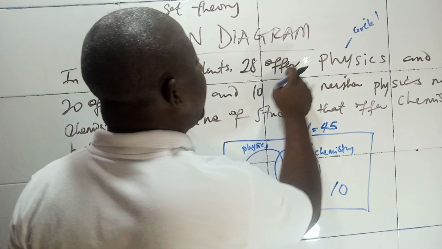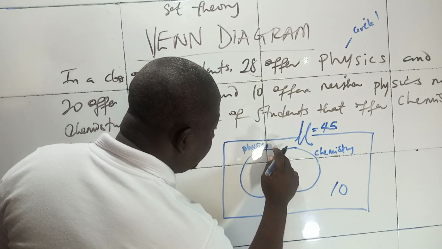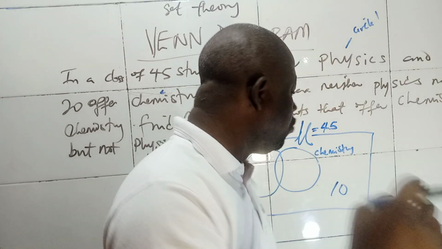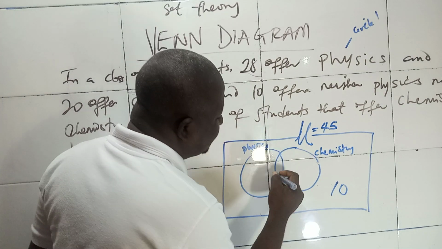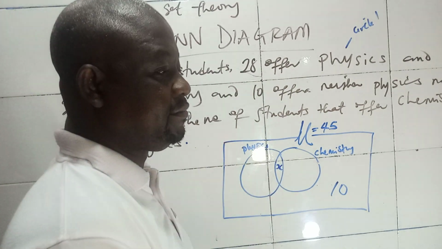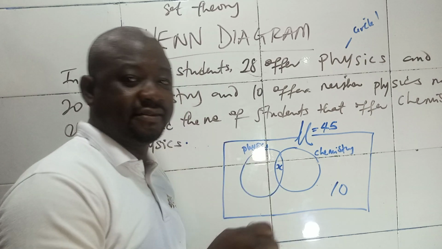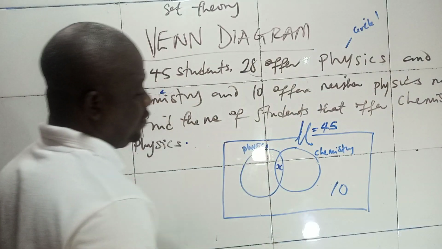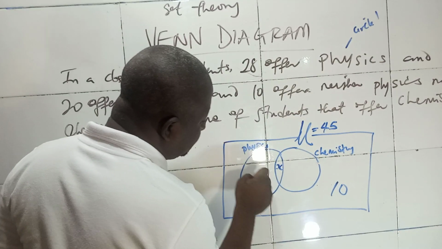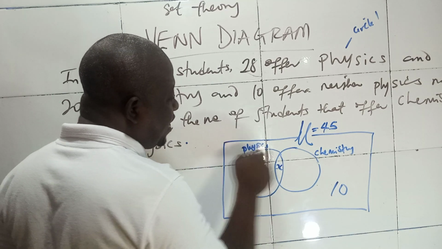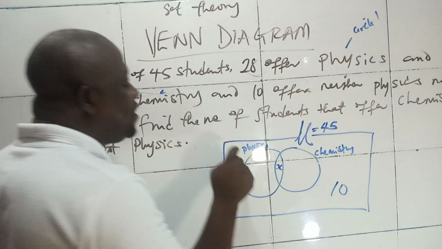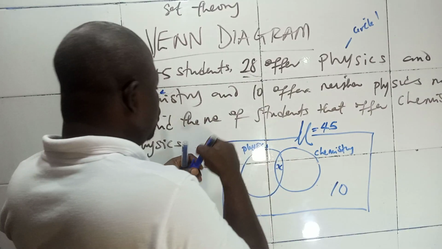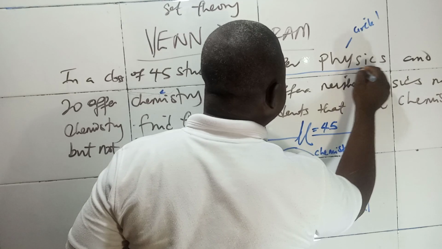Then 28 offer physics. So here there is an intersection. And when you are solving a Venn diagram, you must always start from the center. You allow that center to be x. So for me to find physics only, now I have x offering both physics and chemistry. From the question they said 28 offer physics.